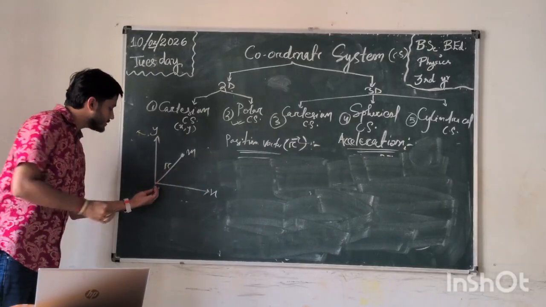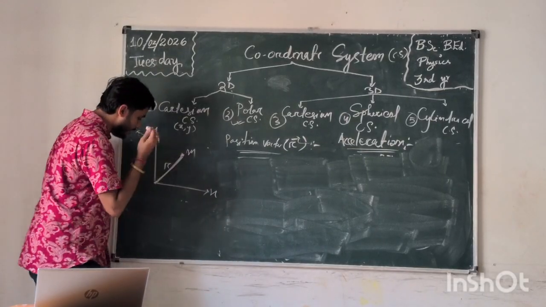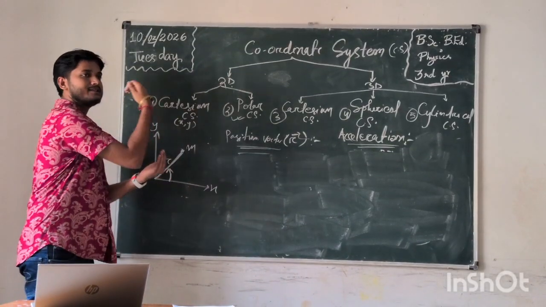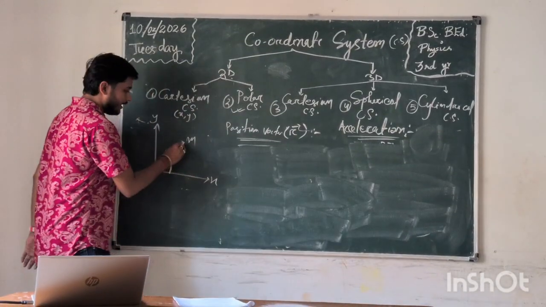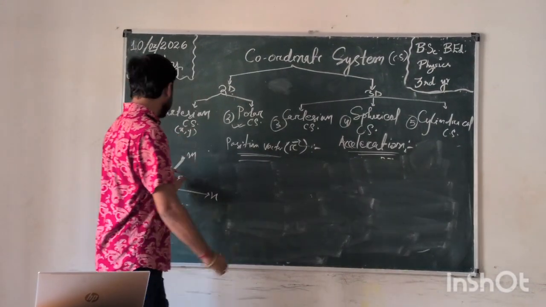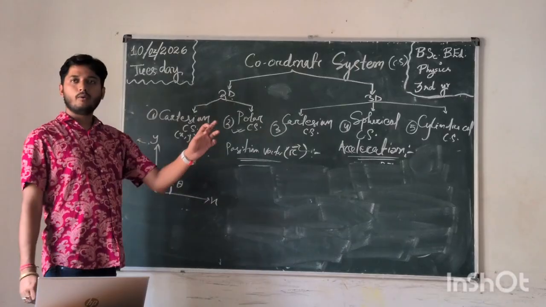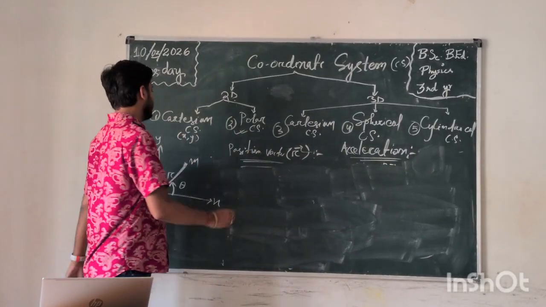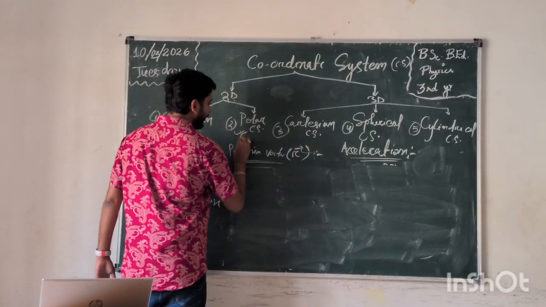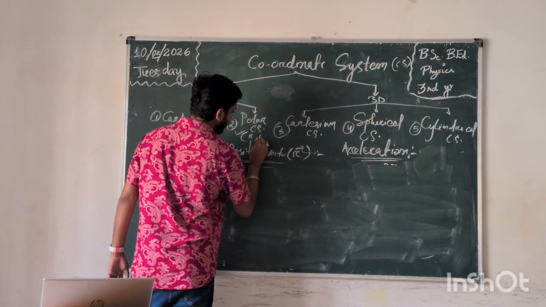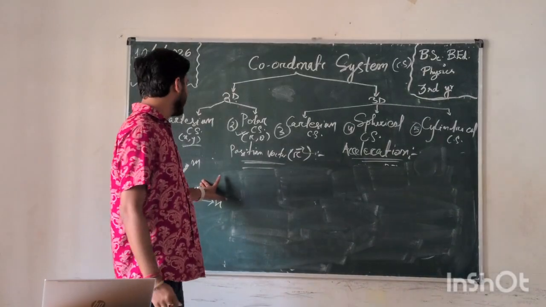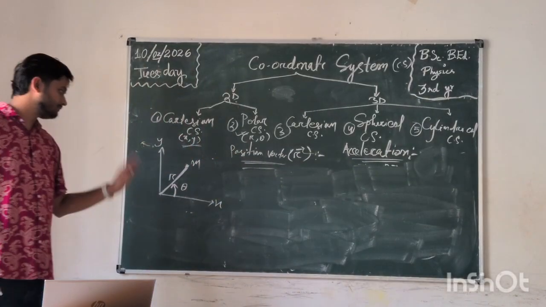This is the distance from the origin, and how much we bend from the x-axis, how much that line came here, this is the expression for theta. So in terms of r and theta, we have our polar coordinate system. For the Cartesian coordinate system we know x and y, and for polar coordinates r and theta.